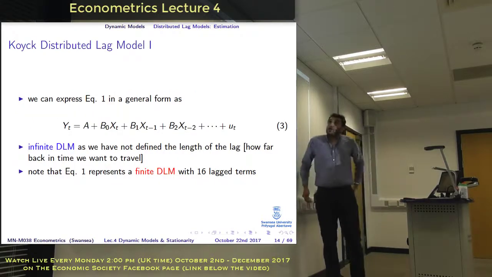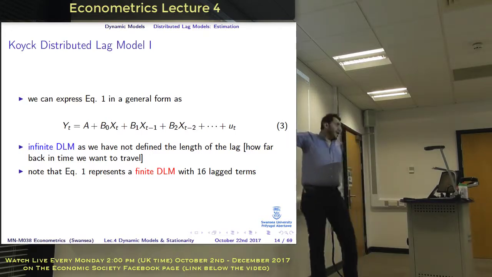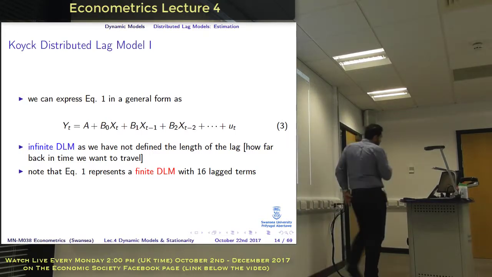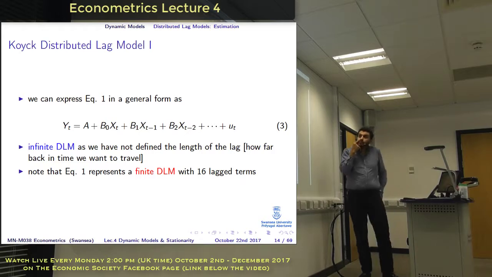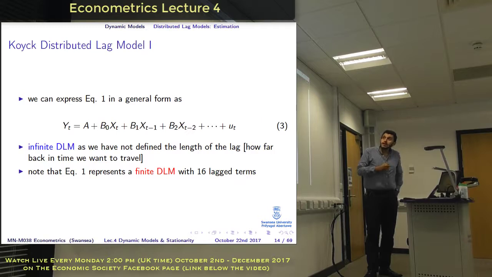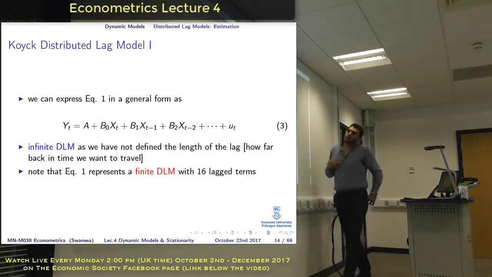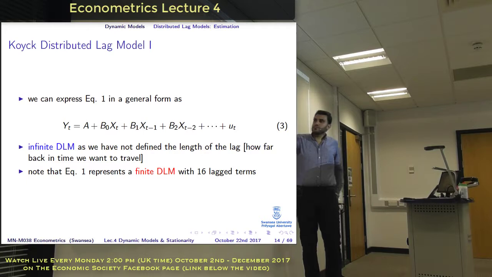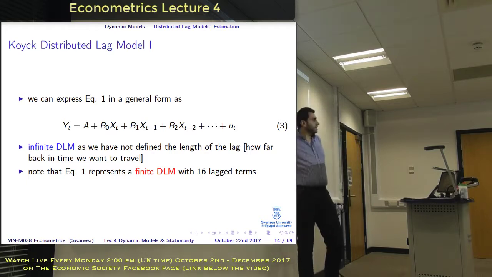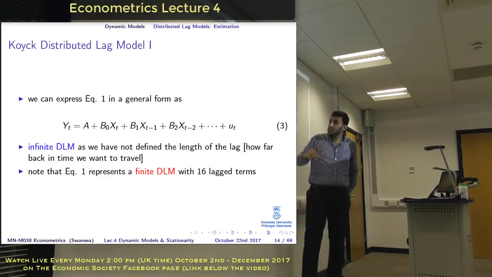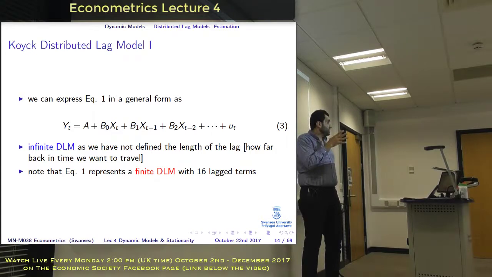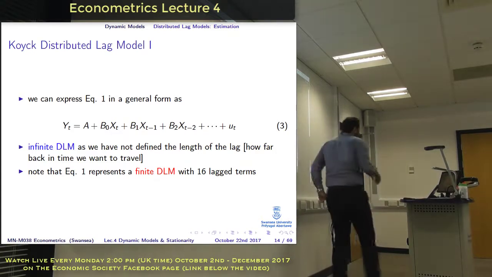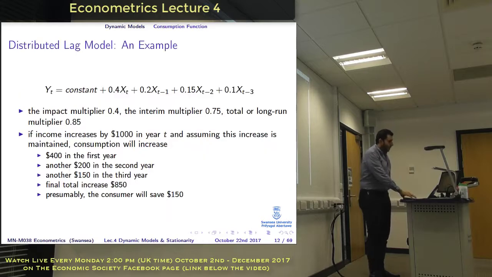So a correct distributed lag model is a transformation of this model to a different sort of model that we might be able to estimate. First, let's look at the general form. Let's assume that we have an infinite distributed lag model. The difference between this and the one we saw in the previous slides is that the first one had 16 lags, and the other one had only 3 lags.